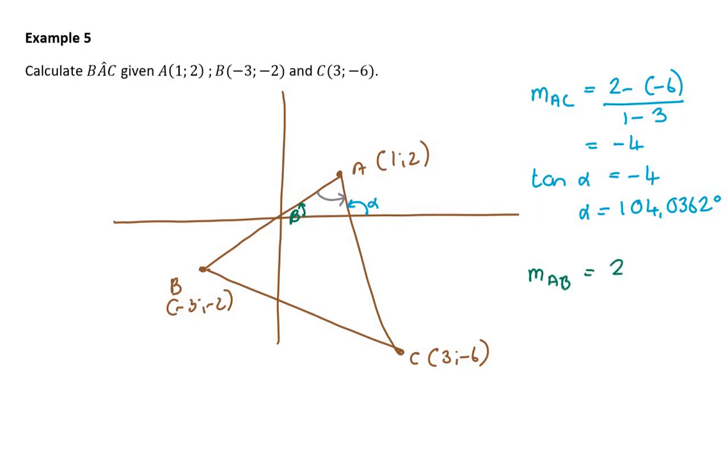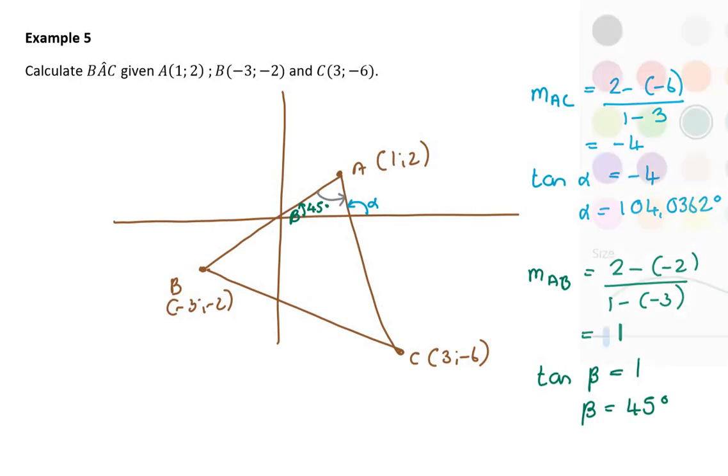Now I'm going to go and find the gradient of AB. So that's 2 minus 2 over 1 minus 3. So that's 4 over 4, which is 1. Now I should know this. If tan of beta equals 1, shift tan of 1, and I get 45 degrees. So this is 45. Now I could use exterior angle of a triangle and go straight to my answer.